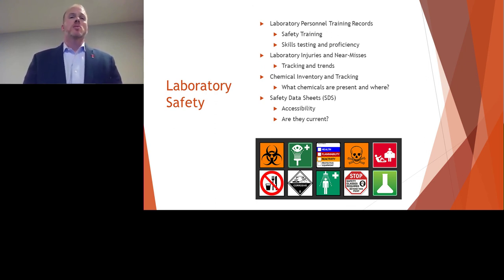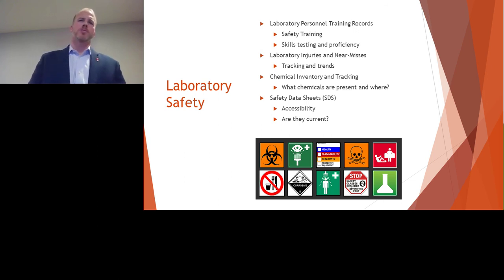If an individual, one of your chemists or lab technicians, is injured or becomes ill because of something within the lab, you're not only hurting that individual, but as a lab as a whole, you're not as efficient, because you're missing a fully trained person within the lab.